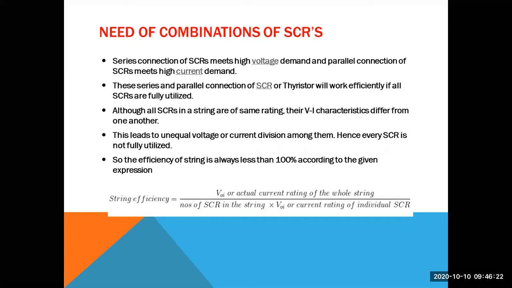So if you are using equal voltage rating SCRs, for example, in the previous case, we took an example of 10 volt SCRs. For simplicity, if you are connecting 10 volt rated SCRs in series to meet a 100 volts requirement, that means we need 10 SCRs connected in series, each of 10 volts.